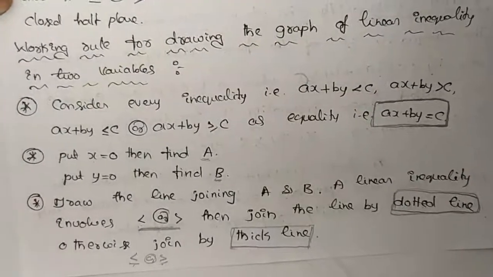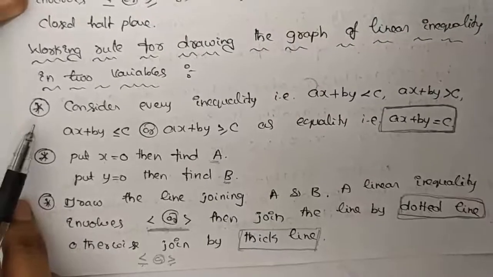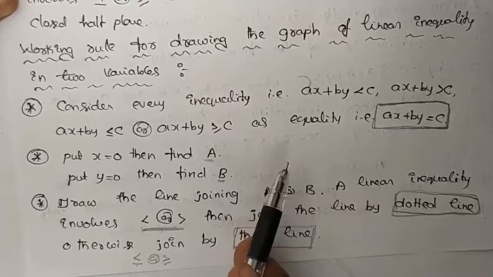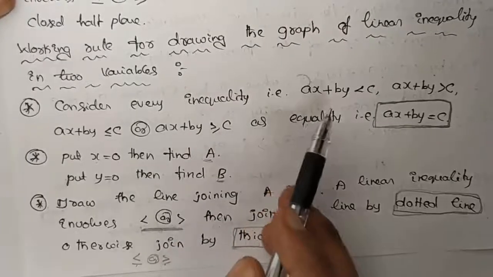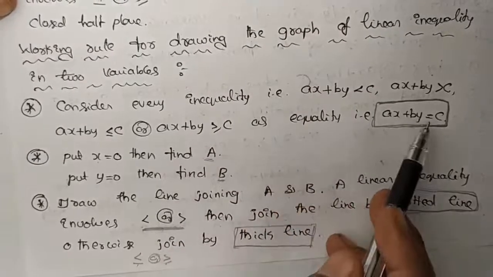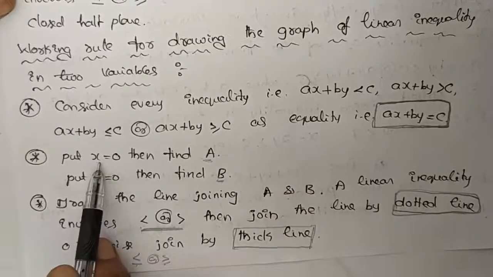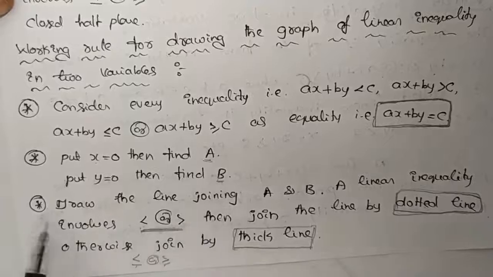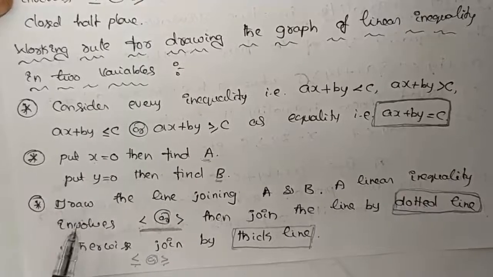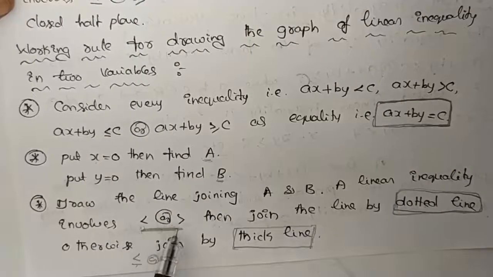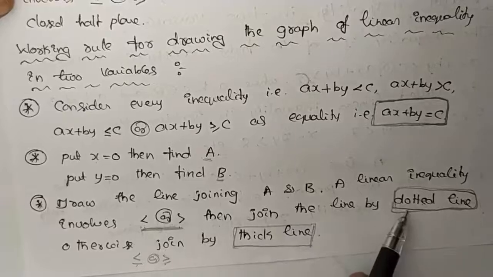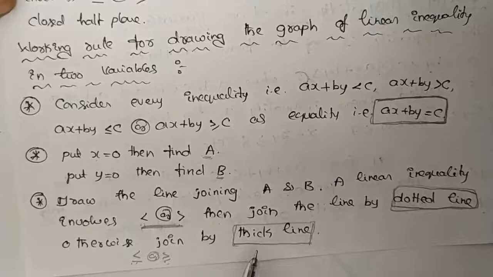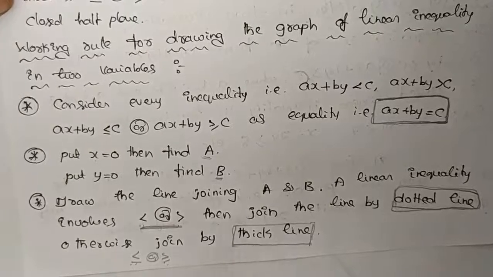So, first step, whatever the inequality is given, we consider it as equal. Second step, x equals 0, then we will get A. Y equals 0, then we will get B. Third step, less than or greater than, dotted line. Less than or equal or greater than or equal, thick line.